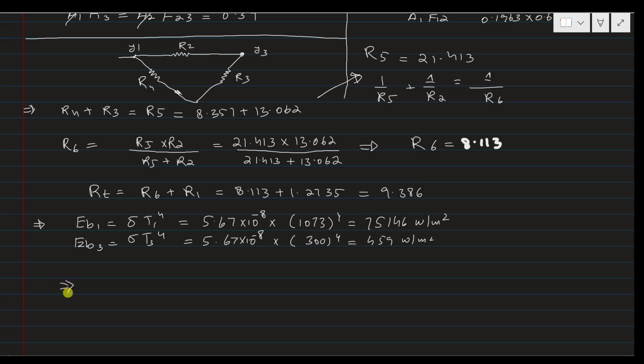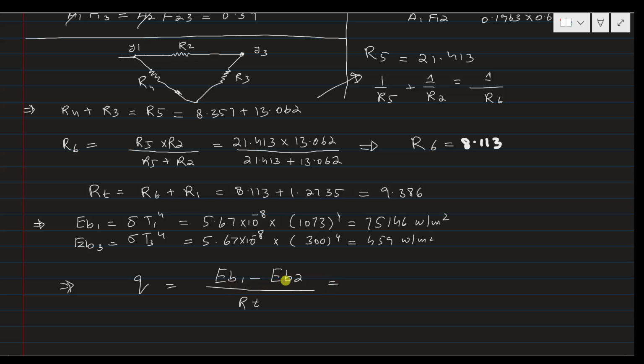So the heat lost by the plate that is at 800 centigrade is equal to EB1 minus EB2 divided by the total resistance that is offered to its heat lost.